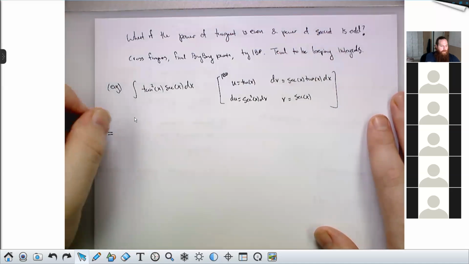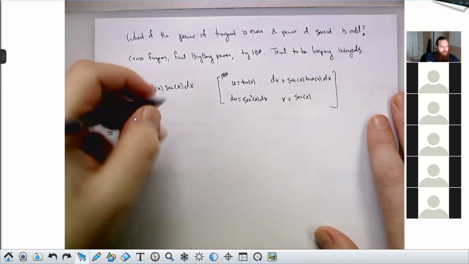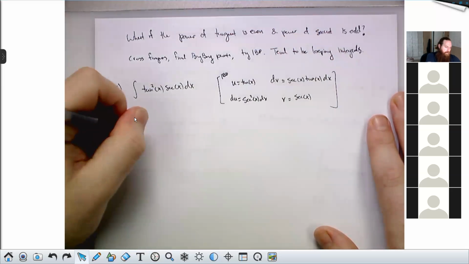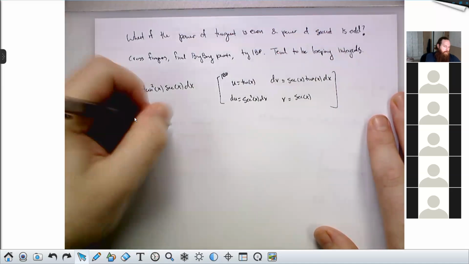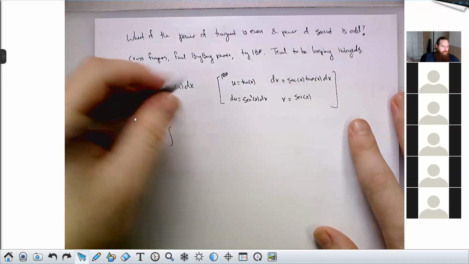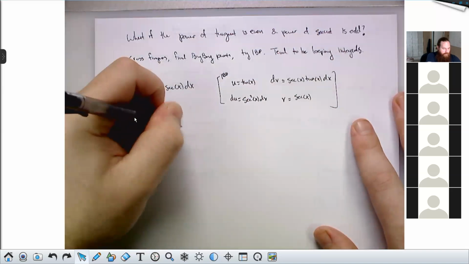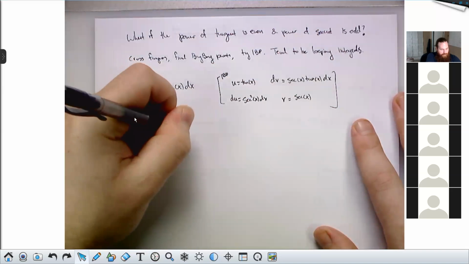Now, if I plug into my IBP formula, I'll get secant times tangent minus the integral of, let's see, secant times secant squared. I'll just write that as it is.